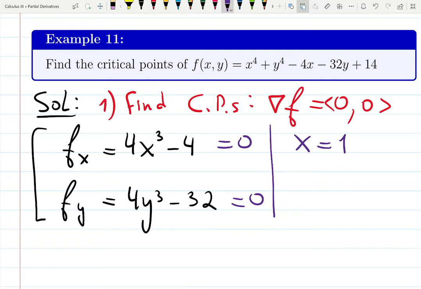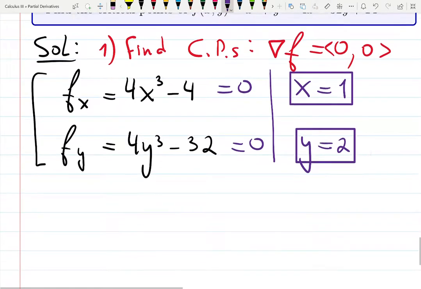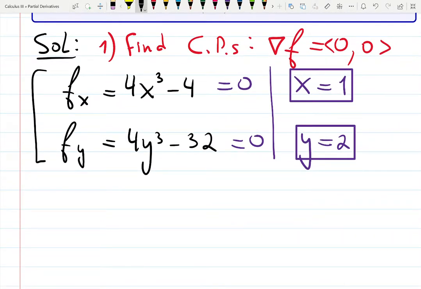Are you watching TikTok? No. x equals 1 here, and then y equals, did anyone solve it? 2, thank you. I'll just skip, so you solve for each. Okay, those will be my critical points, but it's not very clear.